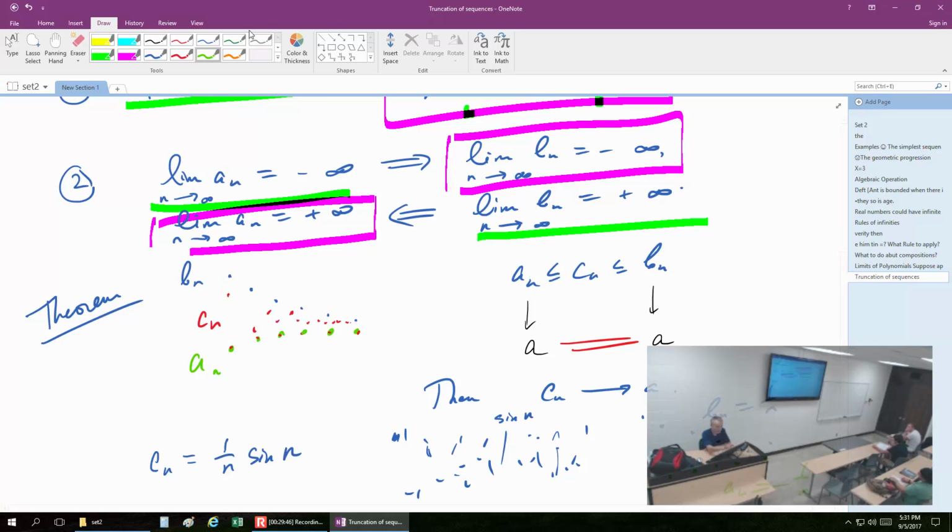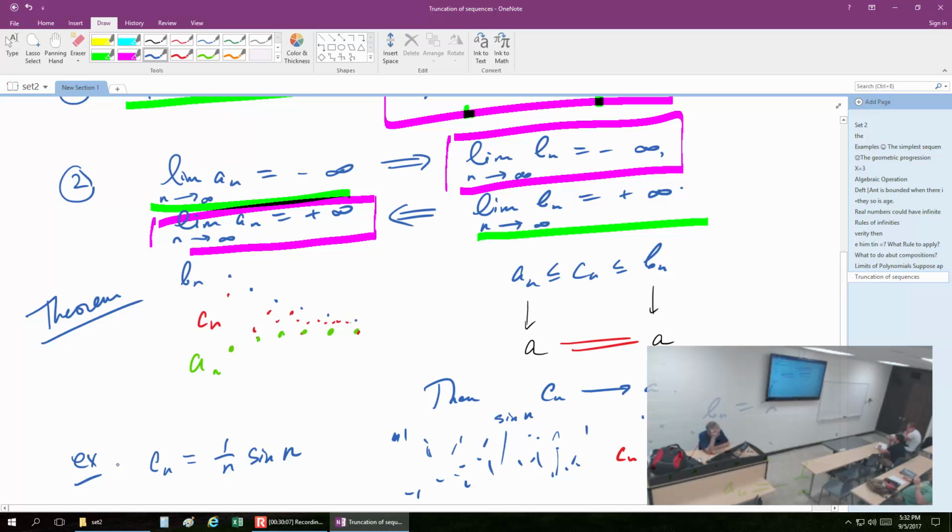And then in between, Cn is here, running around between. It's still very wild, but it cannot be wilder than the distance between the two sequences, and that diminishes. And so we conclude, as the theorem says, that there is convergence.